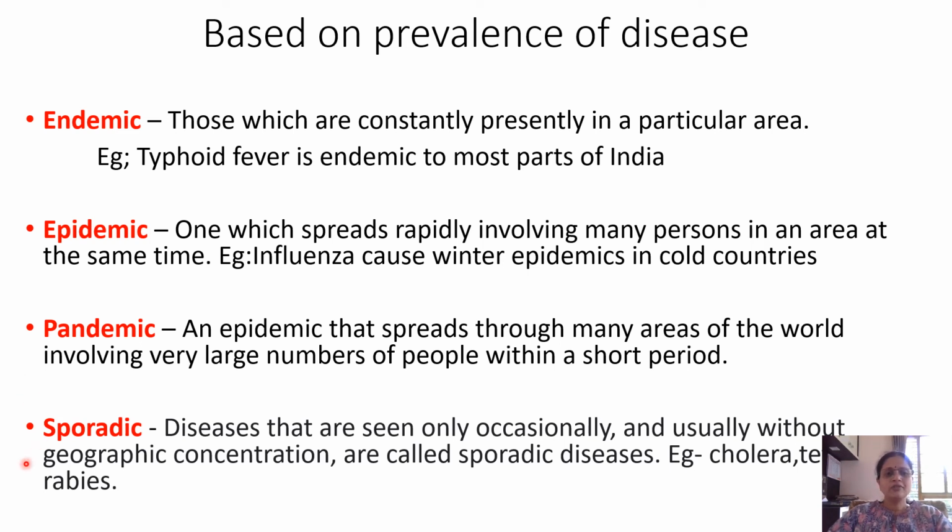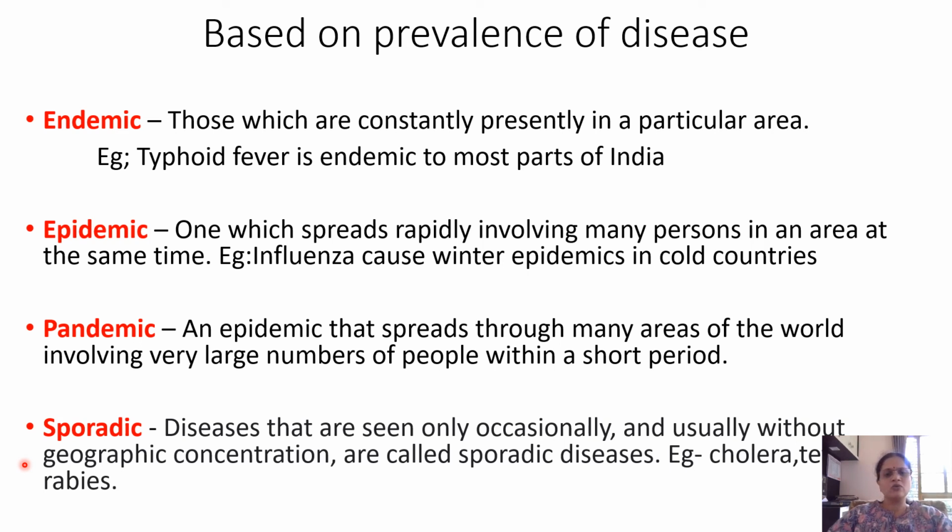The last one is sporadic. Diseases that are seen only occasionally and usually within geographic concentration are called sporadic diseases. That means this also is an infection seen in a very small area. A disease that comes in a particular location, but you cannot say it is always present like endemic, throughout the year.